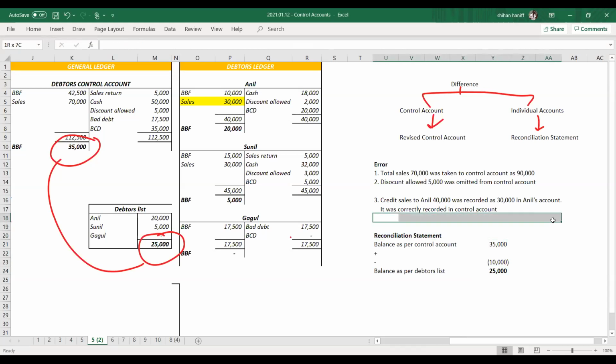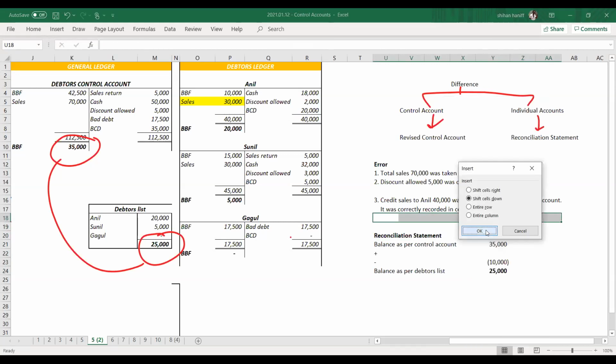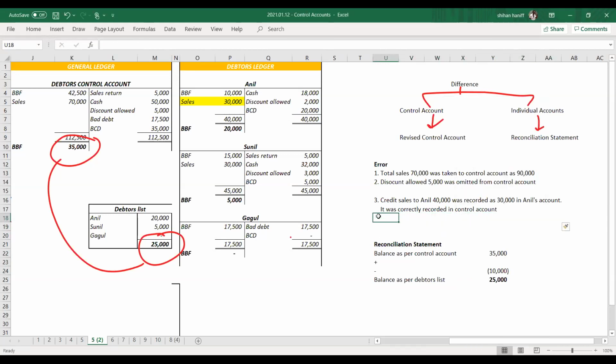Let me take one more example. Now we'll take it properly, everything. 40,000. 35, 35, now it is correct. Now there is another error. Discount allowed to Anil was omitted from the individual account.